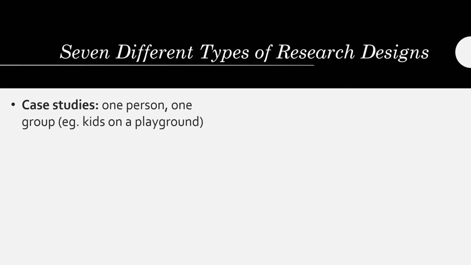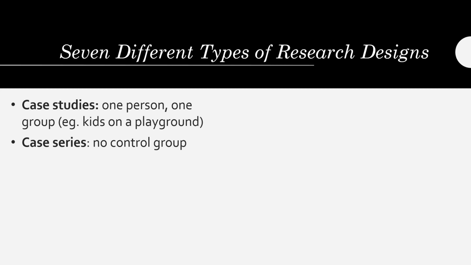There are really 7 different types of research design that we are going to be focusing on. The first one is the case study. So this is one person, one playground. It is what we consider to be a bounded study. Again, it's one time frame, it's one person, it's one incident. Where a case series has no control group, we may watch that one person for an extended period of time.